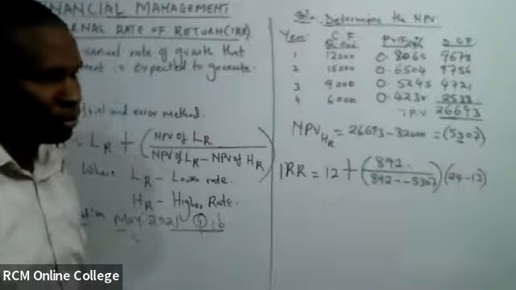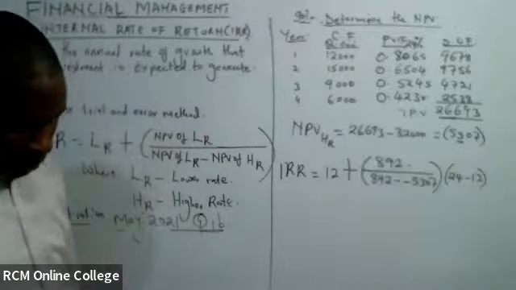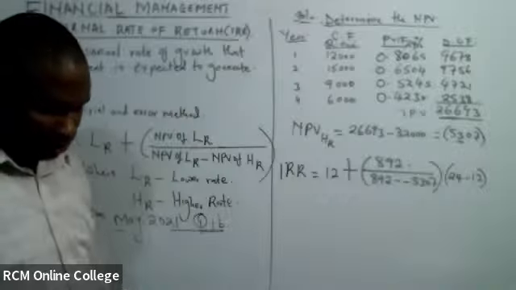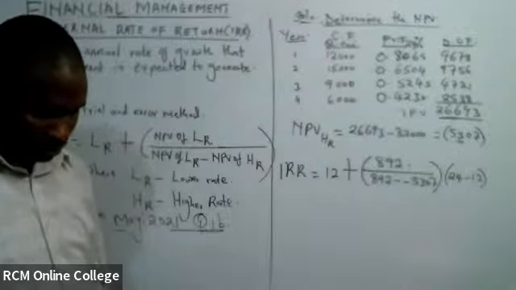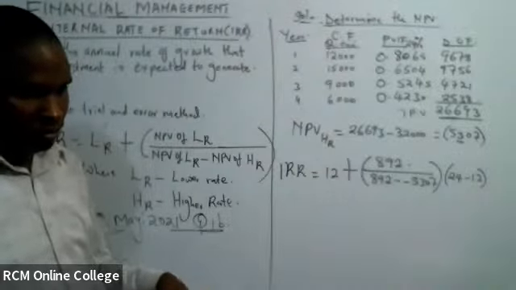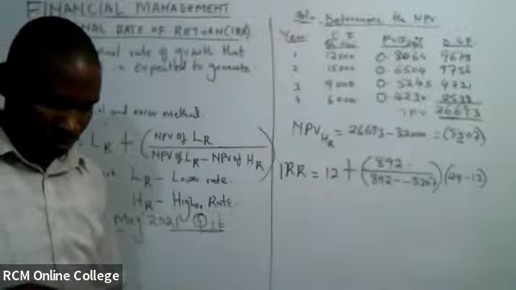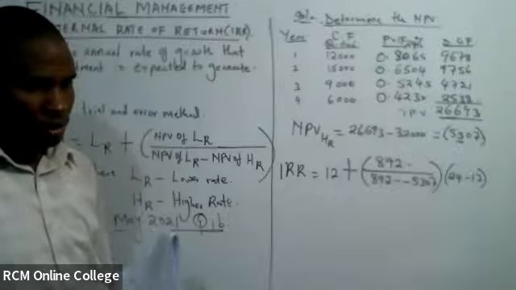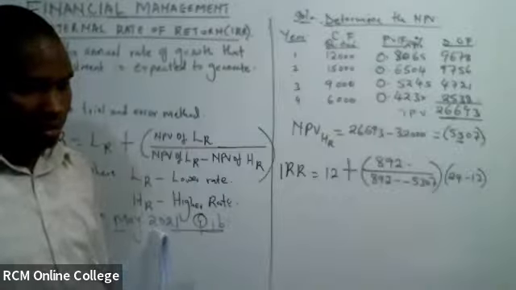So chapa hiyo tuone tutapata ngapi. IRR. We're getting that. 12.73. Haya.